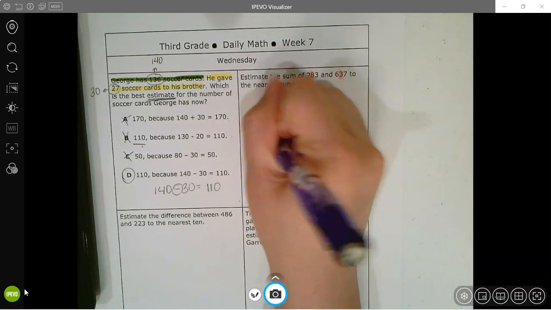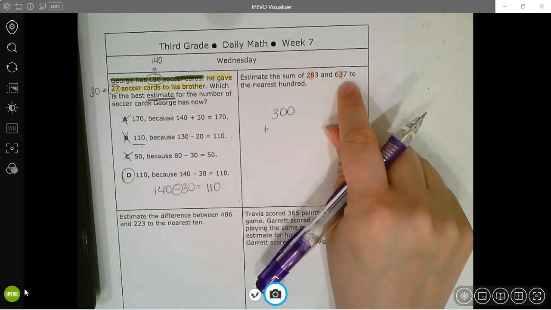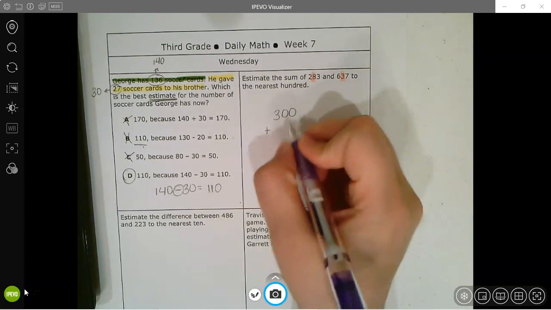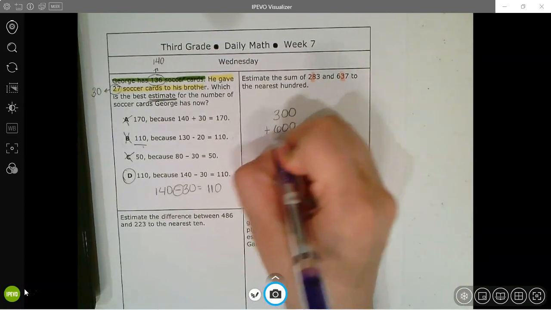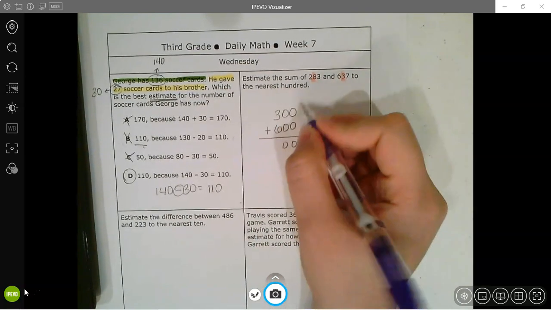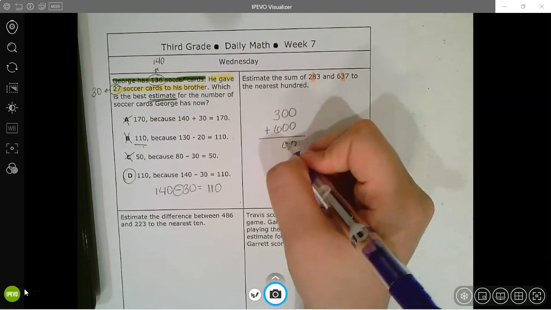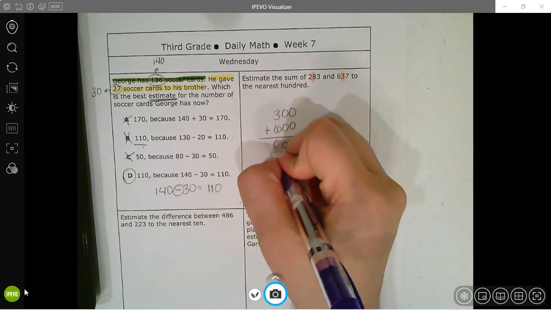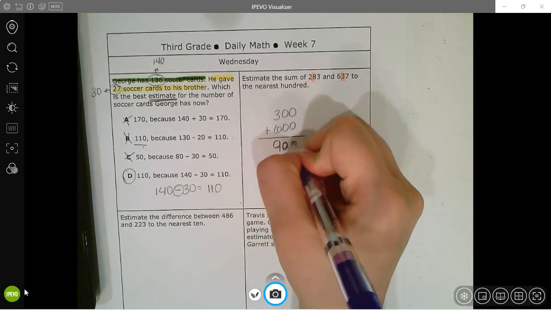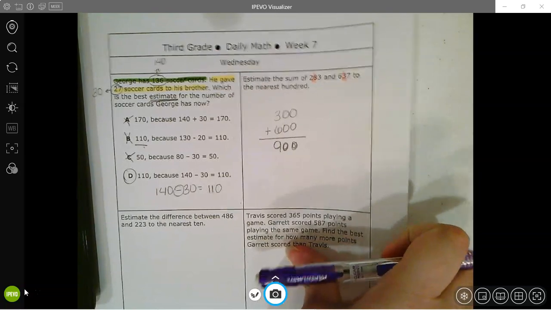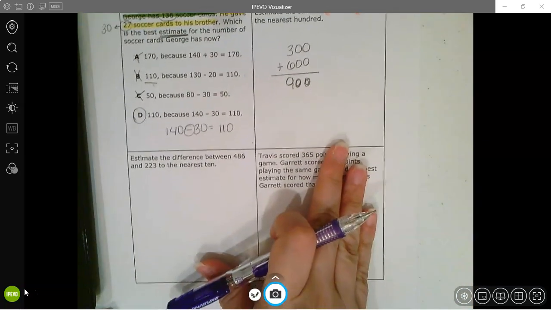And I'm finding the sum, so plus 637, that's rounded to 600. So 0 plus 0 is 0, 0 plus 0 is 0, and 3 plus 6 is 9. It's been a while since we've worked on these.